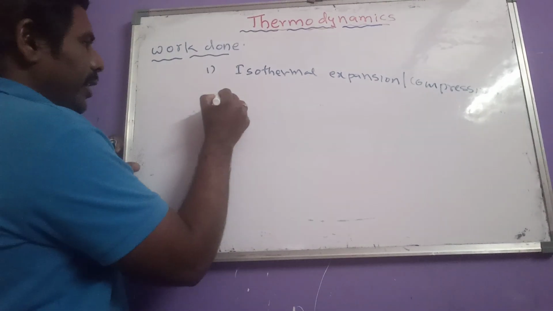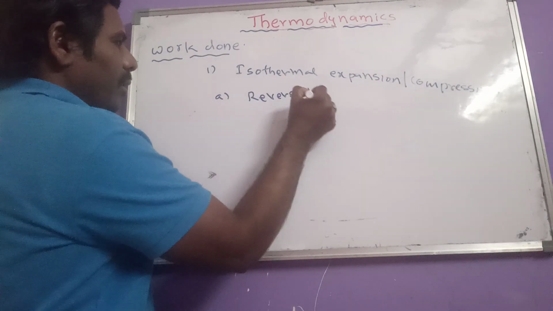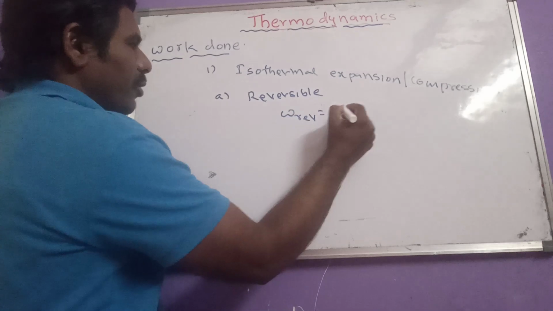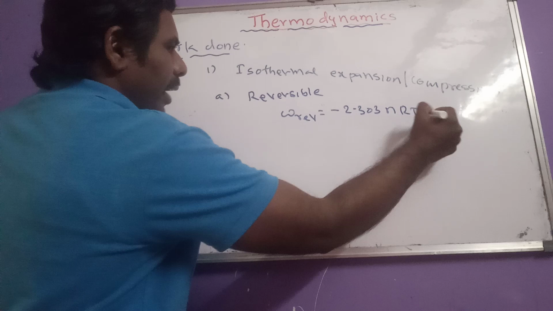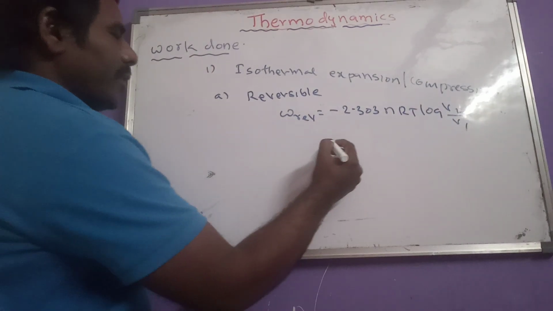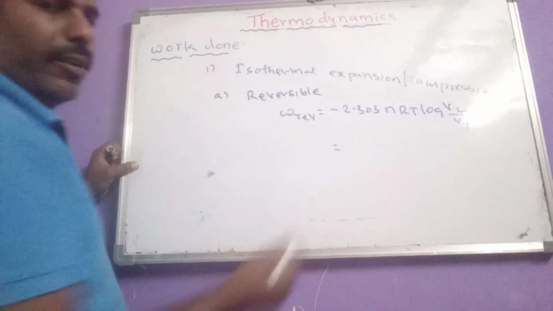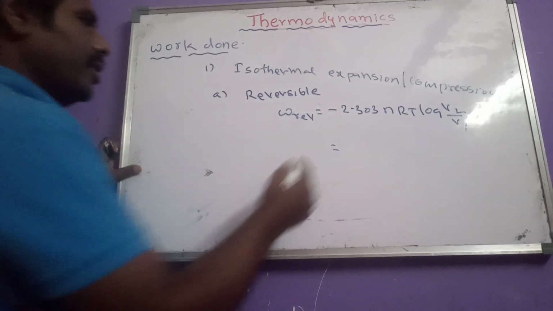In that condition, if the process is reversible, we have to use the formula W reversible equals minus 2.303 nRT log V2 by V1. Sometimes instead of initial volume V1 and final volume V2, they may give initial pressure and final pressure.